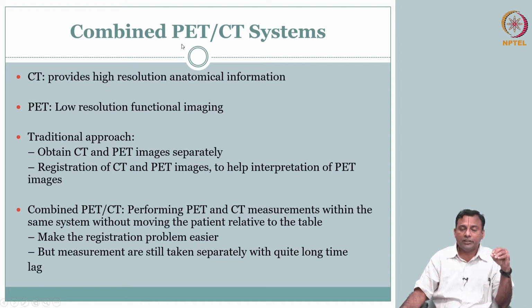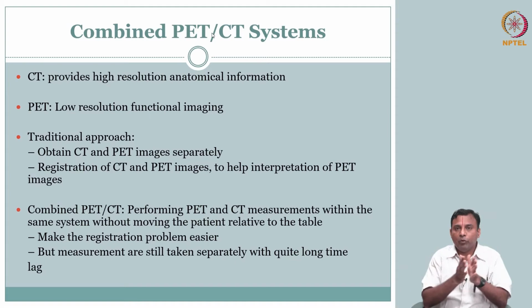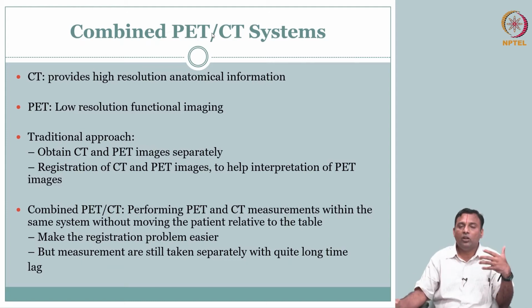Remember, PET is a functional imaging system, whereas CT, as we saw, is good for structural imaging, and therefore clinical practitioners have found it to be very useful when you have both of them well registered, so that you see the anatomy and the activity there. That gives them a lot more insight into the clinical problem that they are trying to understand.